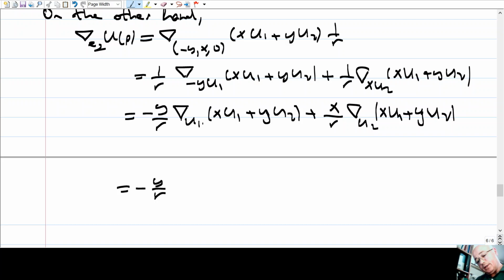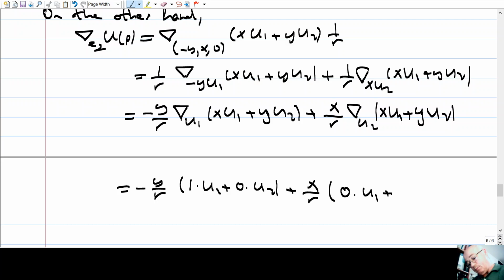What is the covariant derivative? Well, derivative of y with respect to u1 is 0. Derivative of x with respect to u1 is 1. So I'll just get 1 times U1 plus 0 times U2. This time, for x over r, this derivative is 0, so 0 times U1 plus 1 times U2.